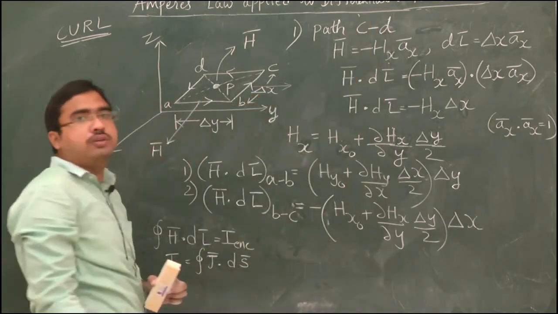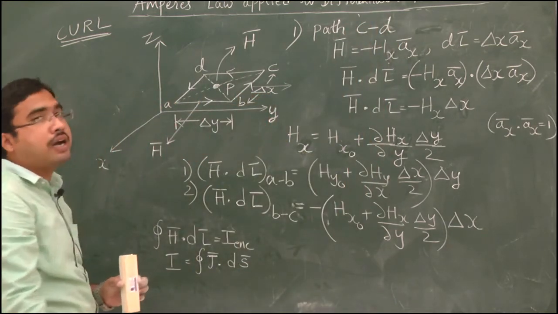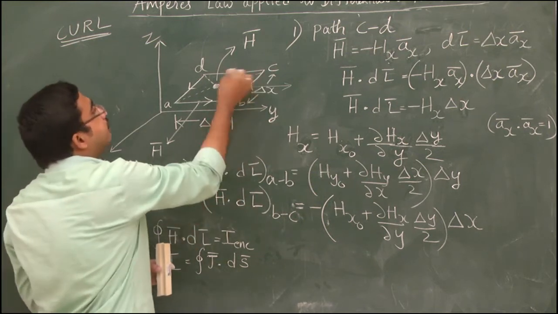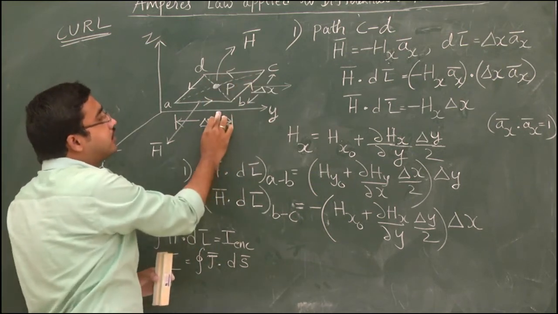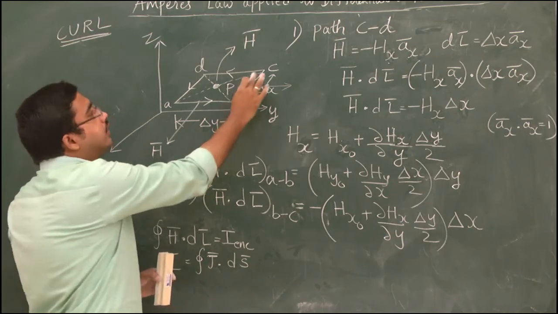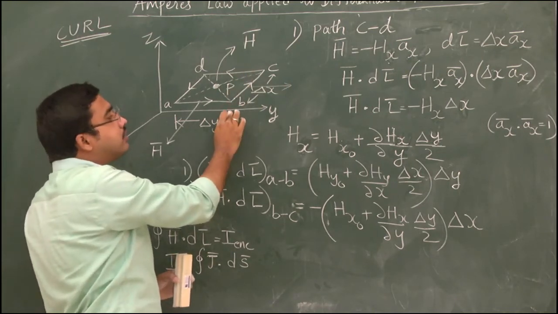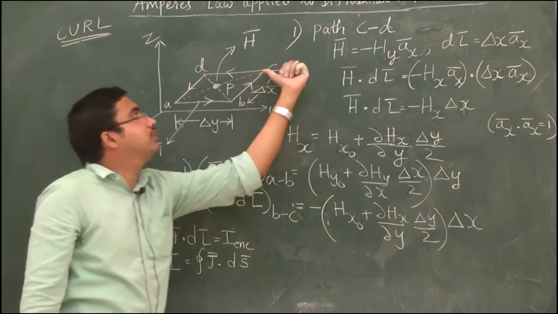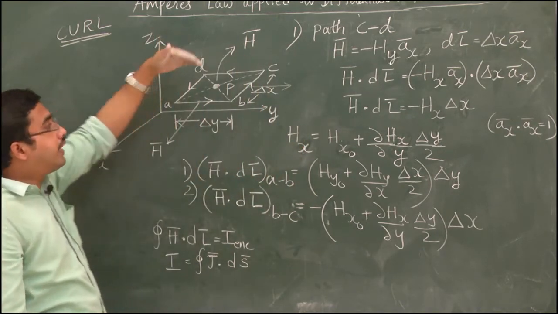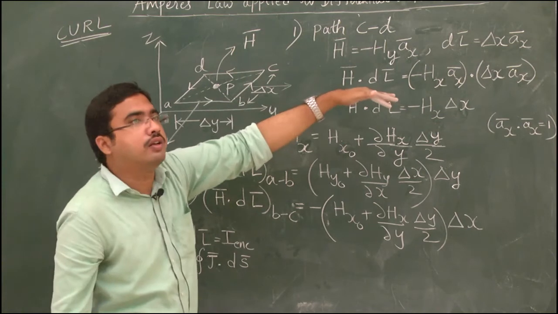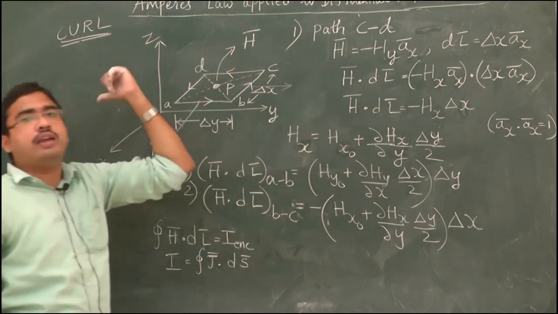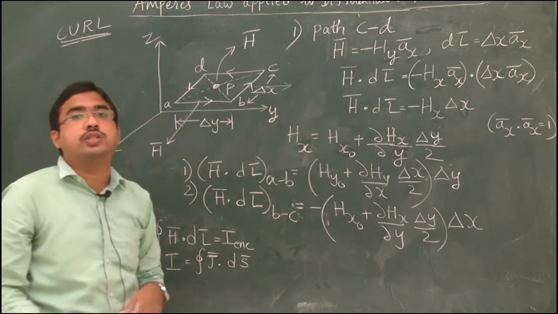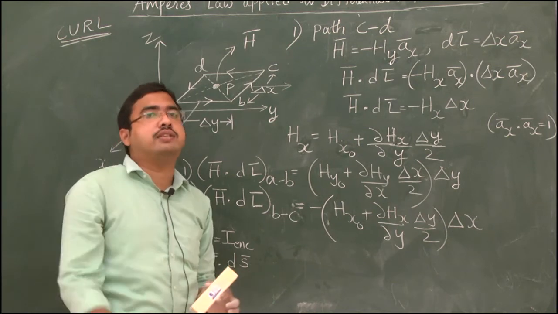For path C to D, how will be your H bar? C to D means this side is matching with the y direction. Now C to D means your direction is from C to D, but the y axis is like this. So if you are going away, what is the unit vector that you should consider? That is minus ay.